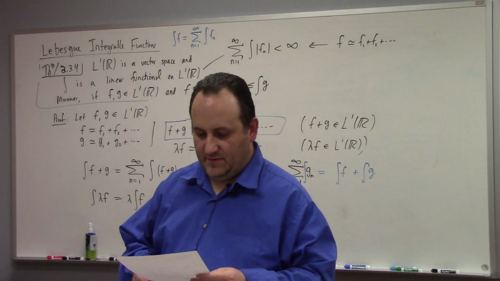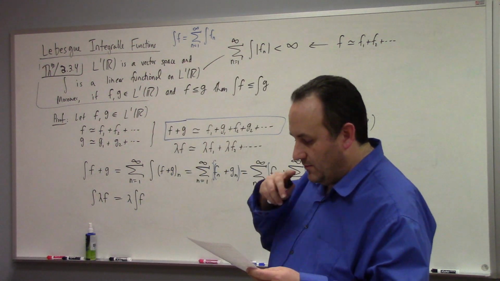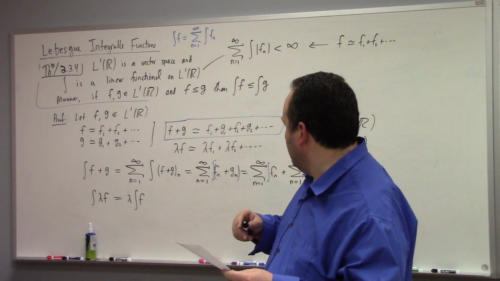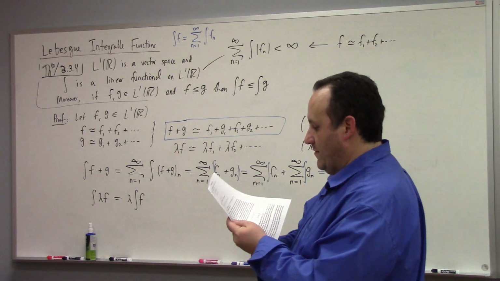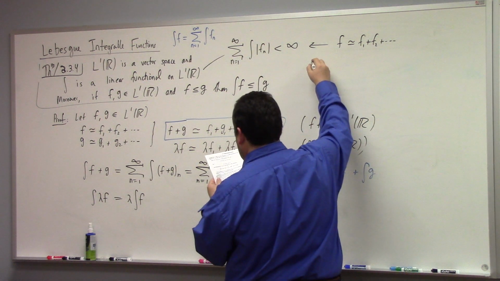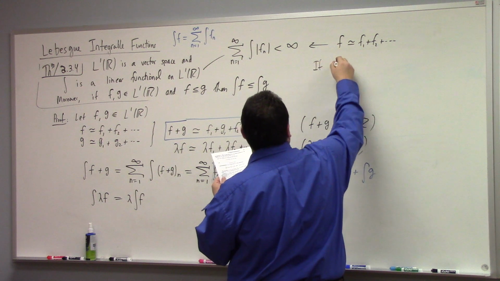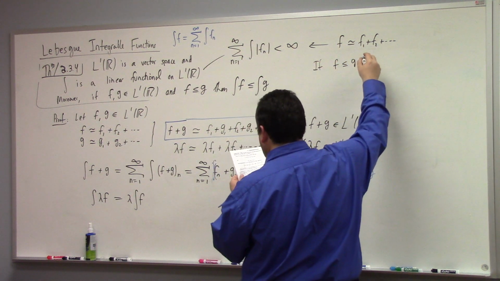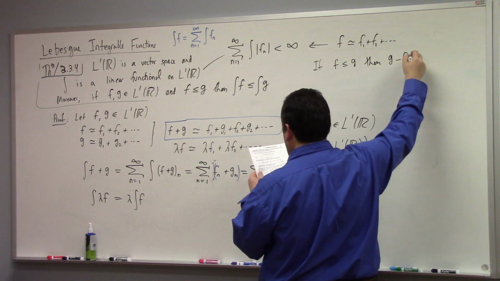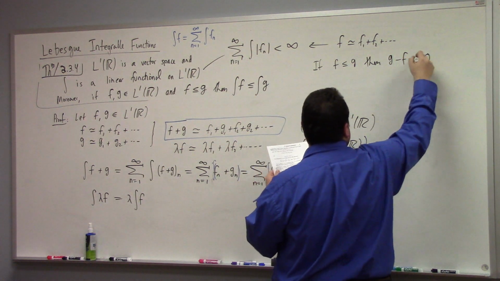He says definition. Oh, okay. What else? I guess we need the one last thing. Let me copy his argument down. He says if f is less than or equal to g, then g minus f is greater than or equal to 0, right?